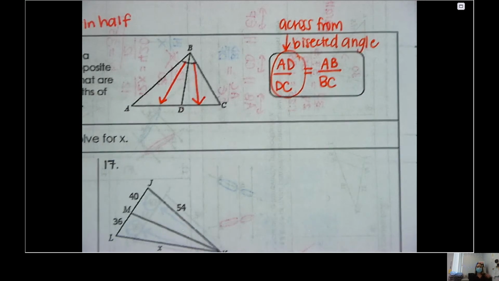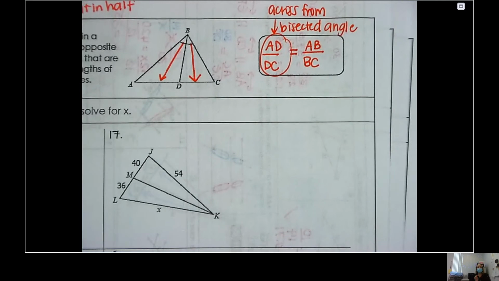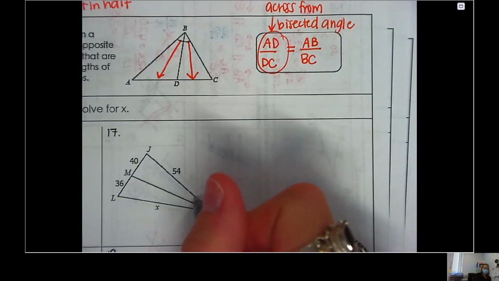So let's take a look at number 17. You will see the angle is not marked for you. Which angle is being cut in half in number 17? Angle which one? KM. Yep, KM is my bisector. So angle K right here where they share.